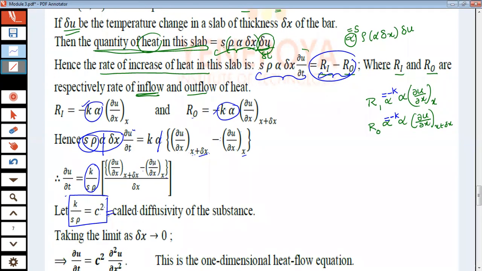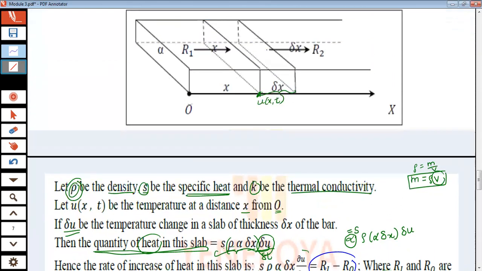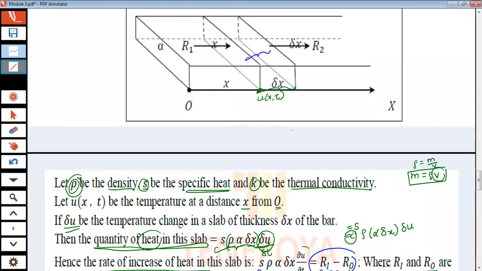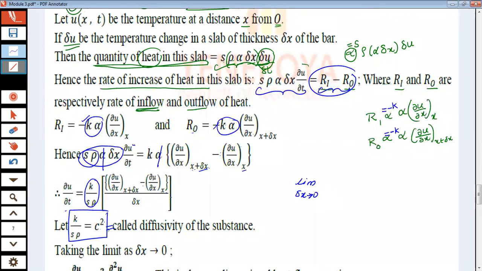Okay, and taking the limit delta X tends to 0, I mean the thickness of this small element of this bar is very small, right? Then this K divided by S rho, we have taken as C square.